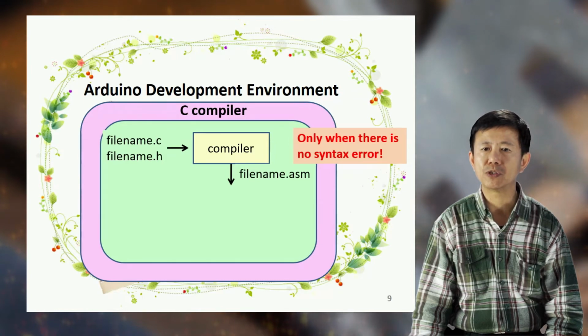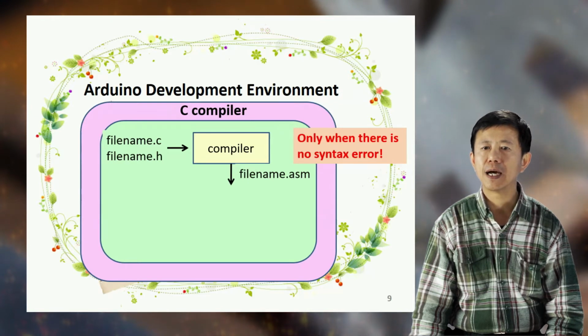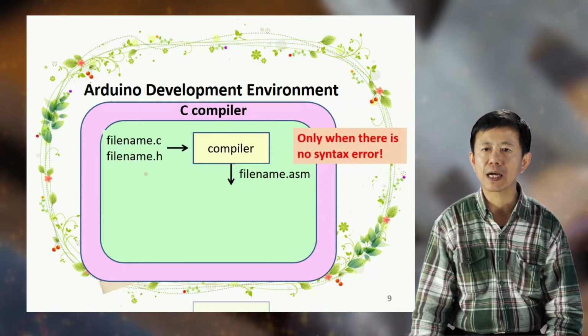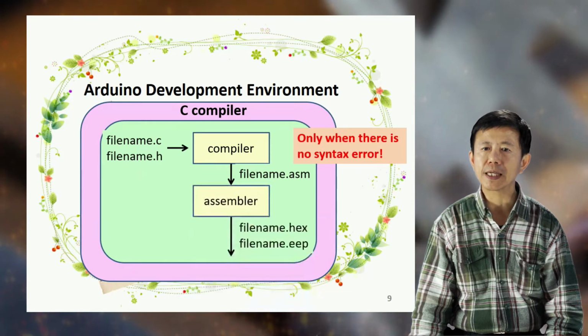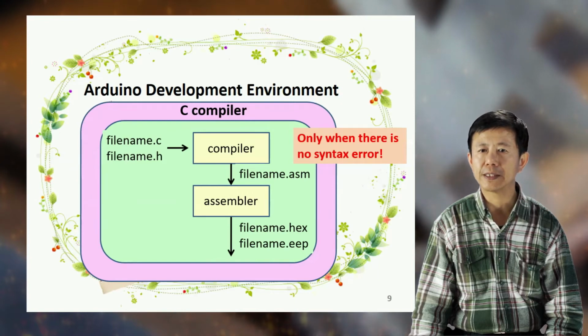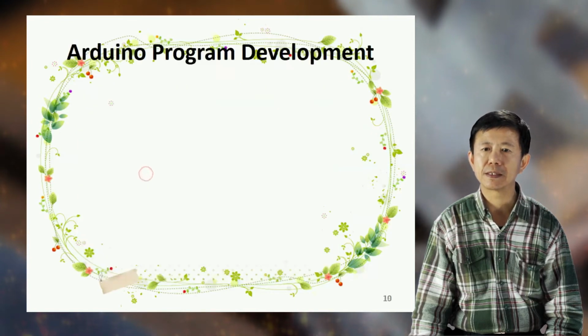An assembly language program .asm file is not generated until the syntax errors have been corrected. Second, it assembles the .asm file to files of extension names .hex and .eep.